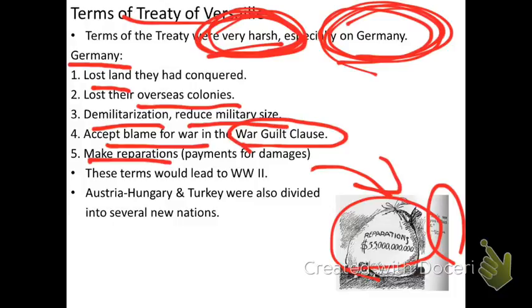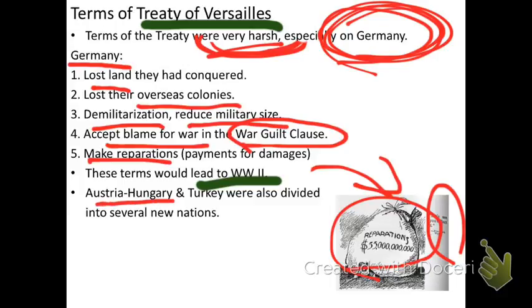These are not overly bright people in many ways. They are not overly deep thinkers or forward lookers in terms of how will my actions today affect me tomorrow. So the Treaty of Versailles would lead to World War II. It's just that simple.